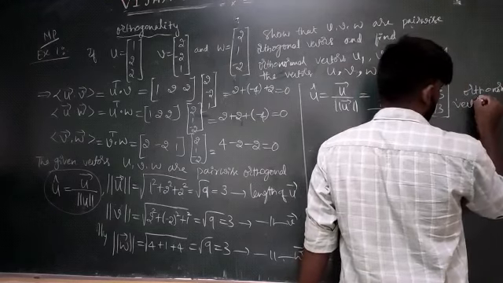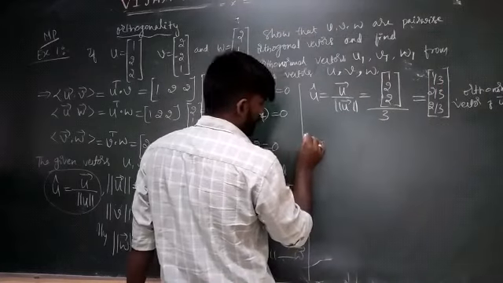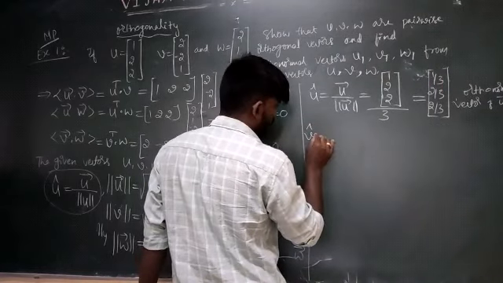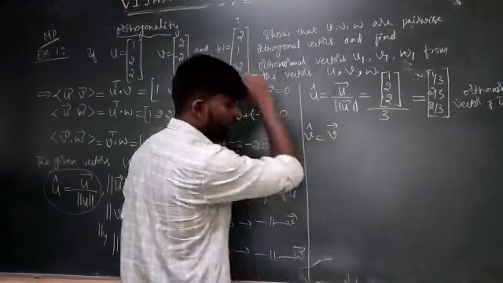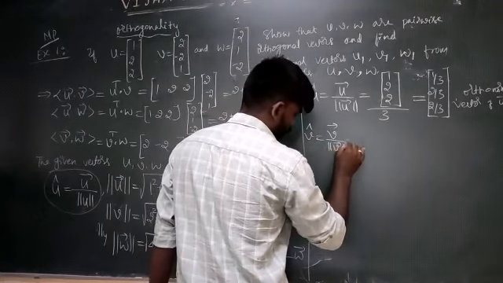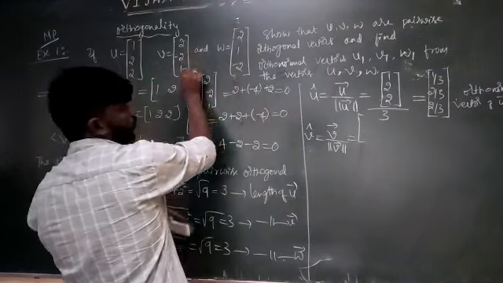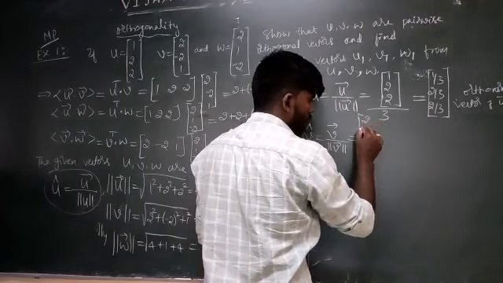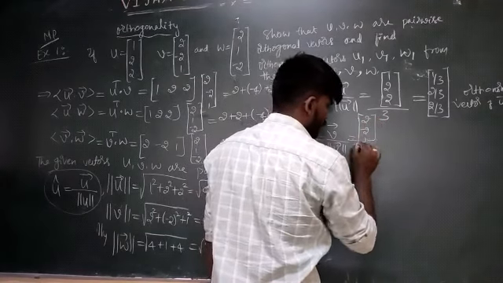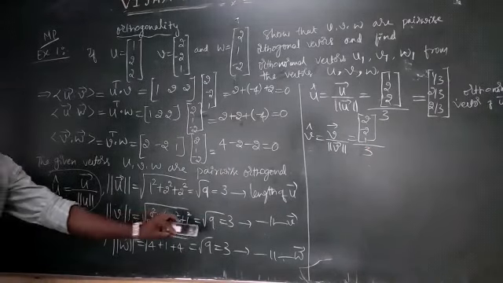We find the orthonormal vector for v using the formula vector v divided by the norm of v. Vector v is given by 2, -2, 1, and the norm is 3.